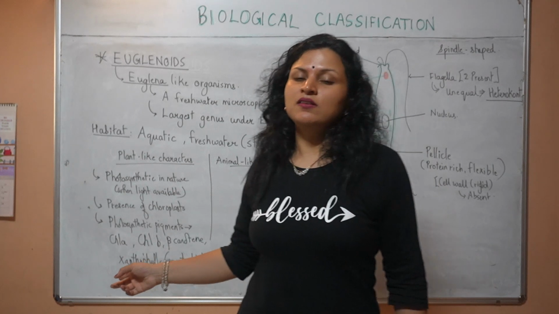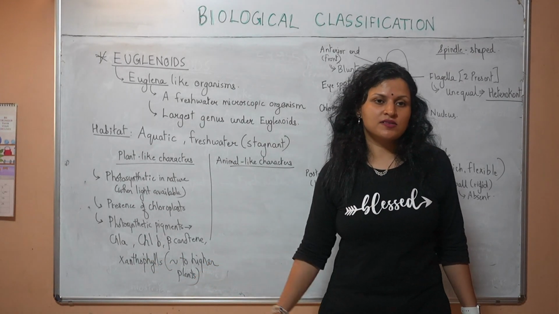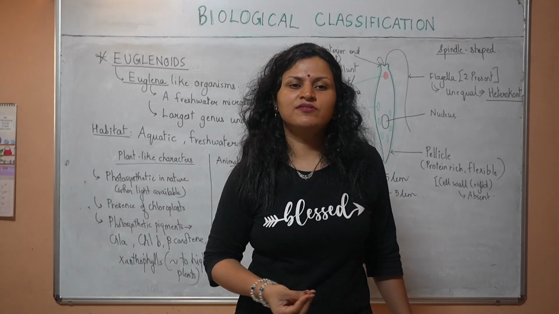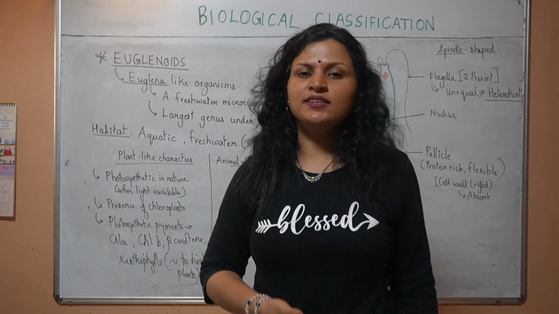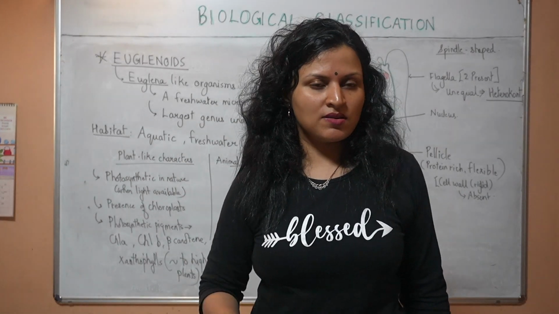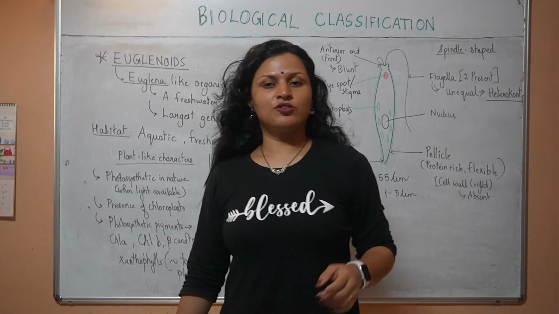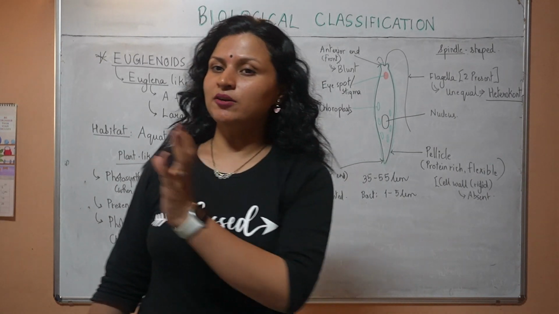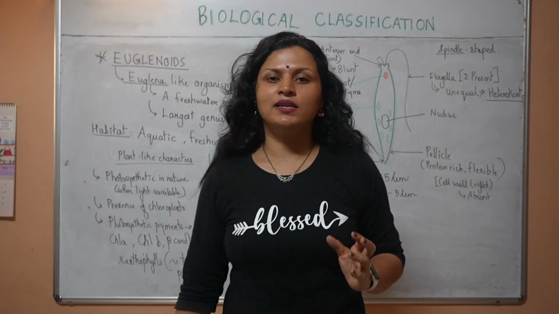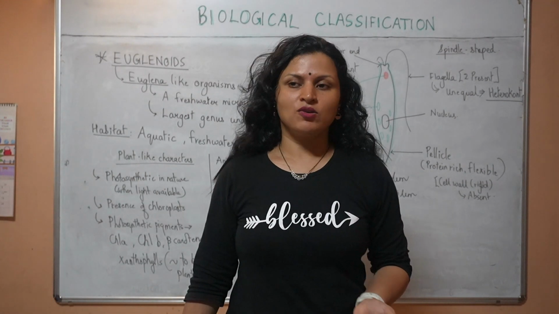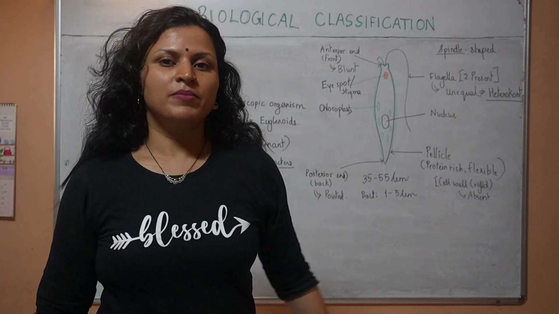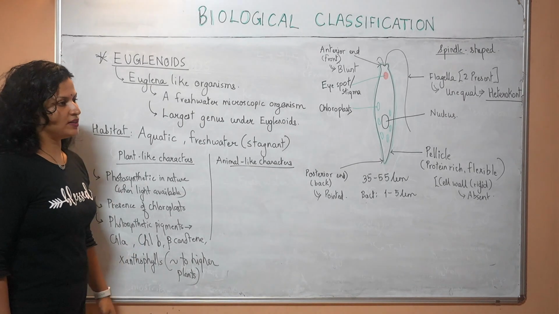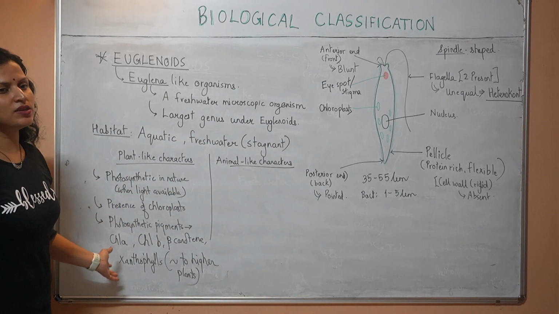Higher plants means higher above the algae, because some algae have chlorophyll A, C, or A, D, etc. Diatoms and dinoflagellates had chlorophyll A and C. These have A and B, which are similar to higher plants. Lower plants like brown algae have chlorophyll A and C. You will study this in kingdom Plantae, right? But for now, just note that they are similar to higher plants. These are the plant-like features that euglenoids show.